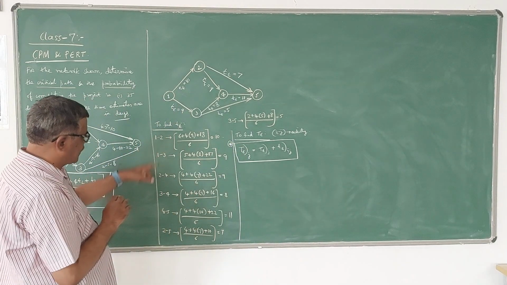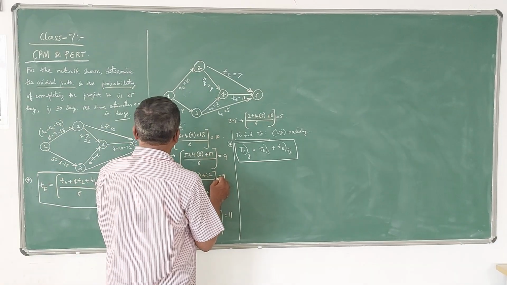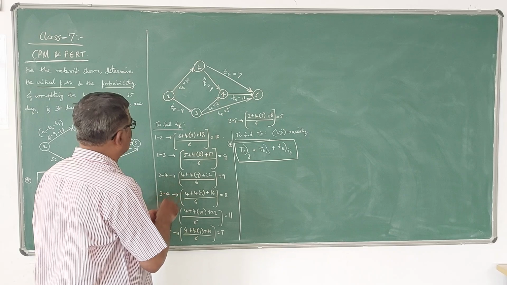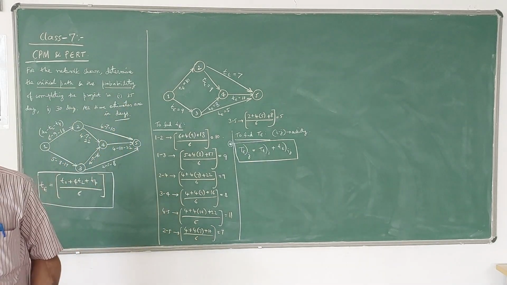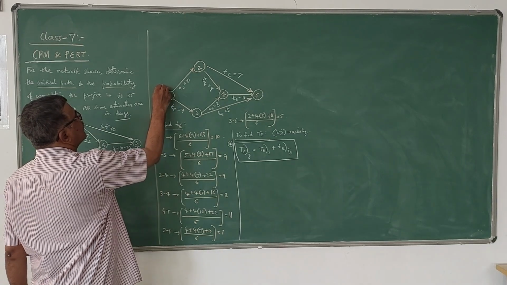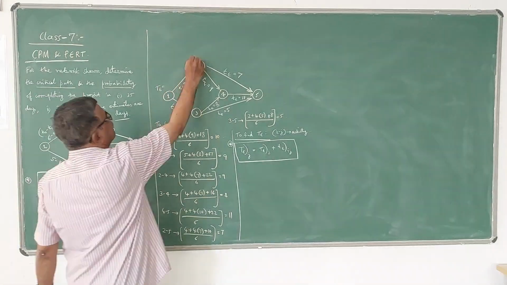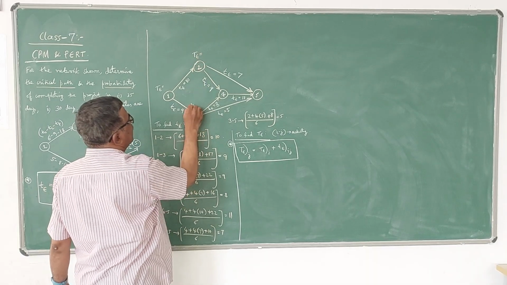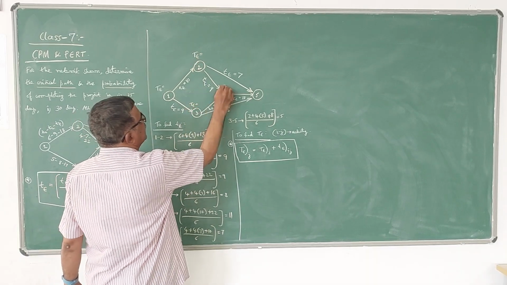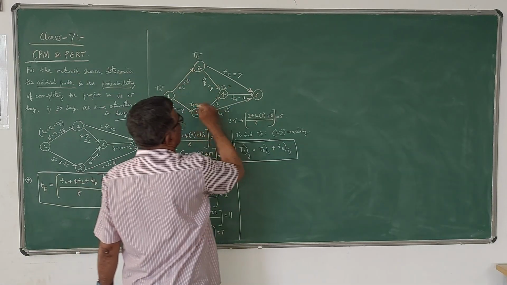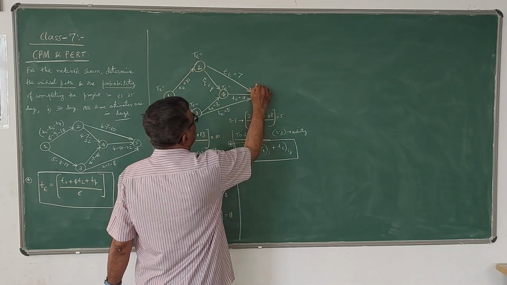Now we go in the same order. Capital T values I am going to write above the circle, for each event. Circles represent the events. Small t values are written below the line of the activity.